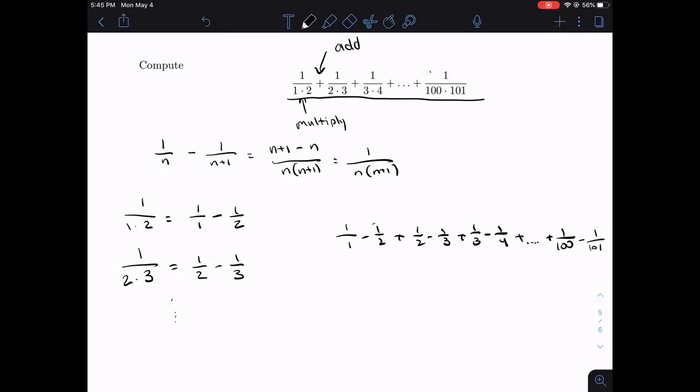And we notice that the negative 1/2 and 1/2 cancel, so do the 1/3, and so on. So this expression is equal to 1 over 1 minus 1 over 101, which is 100 over 101.